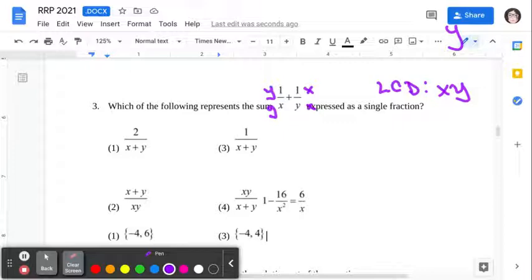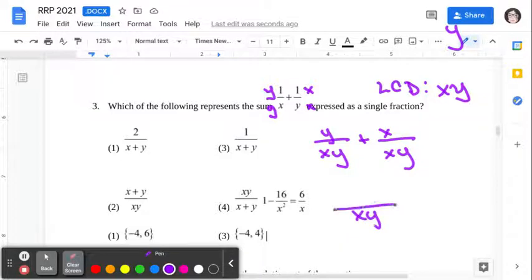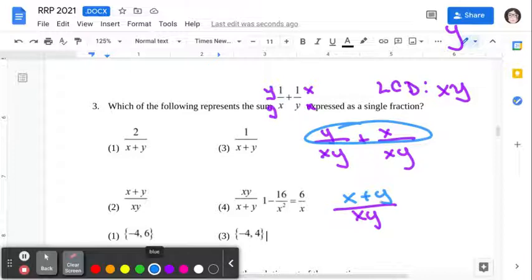So my two fractions become y over xy plus x over xy. Now your common denominator stays the same, and you combine your numerators. So you could say y plus x, but using the commutative property, I'm going to say x plus y. It's an alphabetical order kind of thing. And there's my answer.